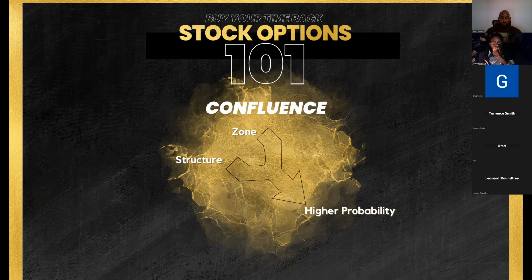All right, you have something called confluence. This is another advanced topic, if you will, that I'm going to go into more detail on. But really, it just means if more than one factor lines up, then the trade is a higher probability setup. The factors can be, for example, the 1 hour chart and the 2 hour chart both show an M pattern.